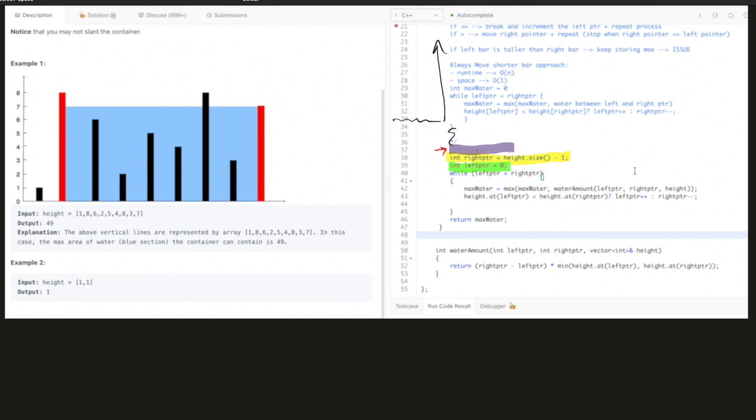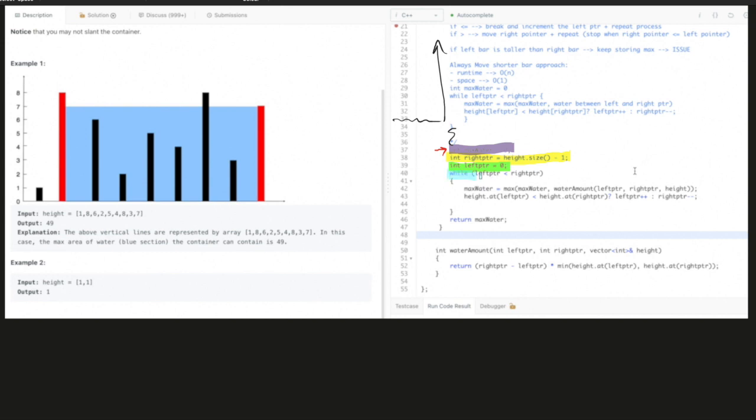while our right pointer is greater than our left pointer. And the reason we have that is because if the right pointer equals the left pointer, we want to stop. Or if the right pointer is less than the left pointer, it means they've crossed each other, and it makes no sense to continue because you've already seen that container length. Or that length is definitely smaller than the maximum amount of water that you can store.